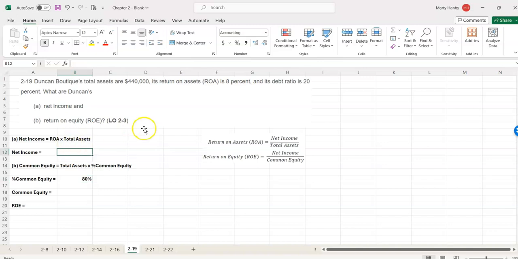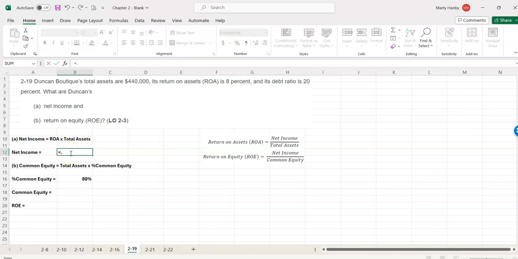So first thing we do is calculate net income using our ROA. Return on assets is net income divided by total assets. So over here, net income is equal to ROA, return on assets, times total assets.